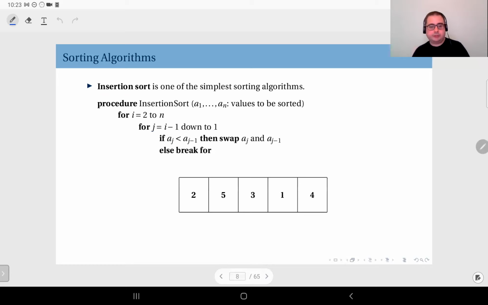Let's see this on an example. Assume that we have a sequence consisting of only 5 values, ordered as 2, 5, 3, 1, 4. And we would like to order this in ascending order.